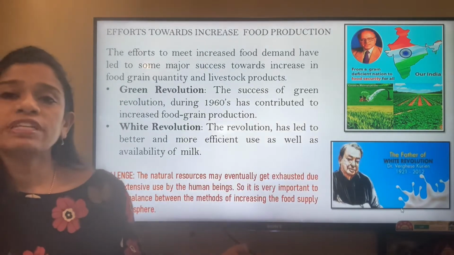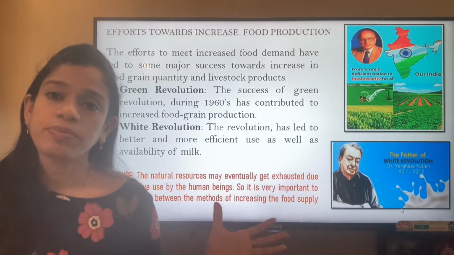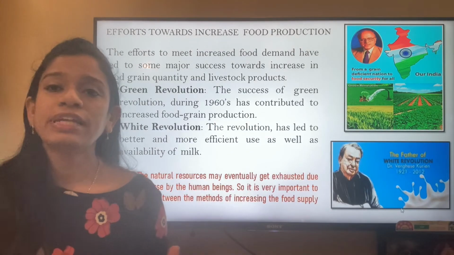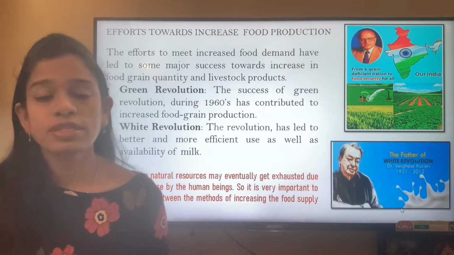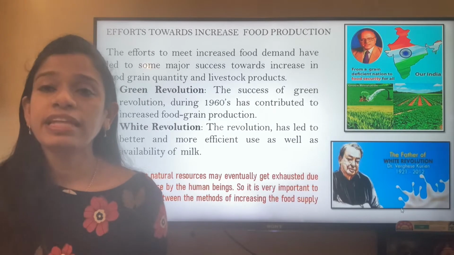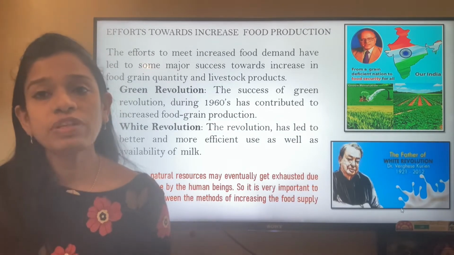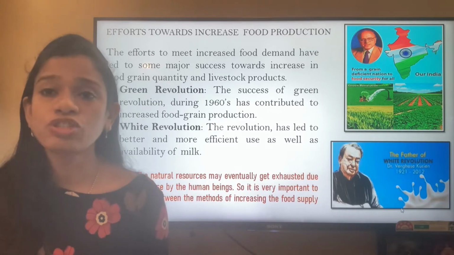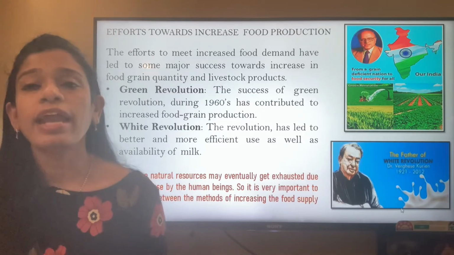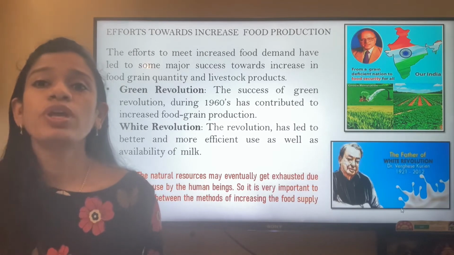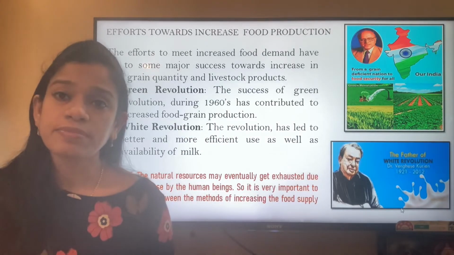Now, there is always a challenge towards the effort that was made. We know that the land we are using for agricultural purposes is constant, or I would say it is still decreasing. So we must always keep in mind that this is a natural resource which can get exhausted anytime, and if that happens, we will not be able to have any grains.